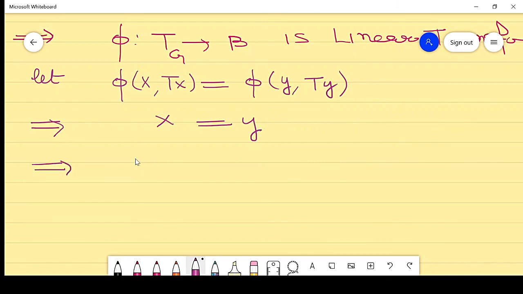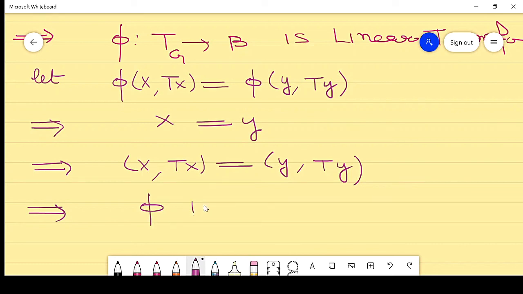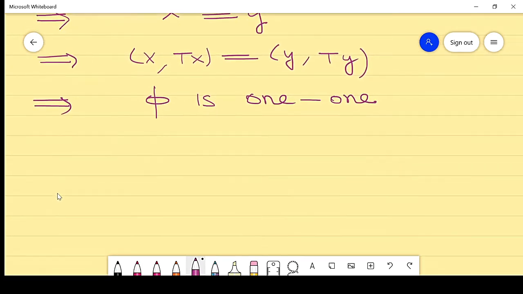It implies (x, Tx) equals (y, Ty). It implies this phi is one-one. So from this we find that this phi is one-one. Now next is phi is onto.